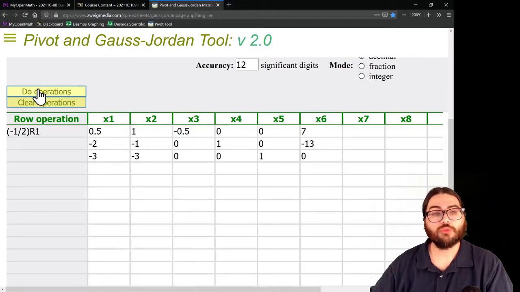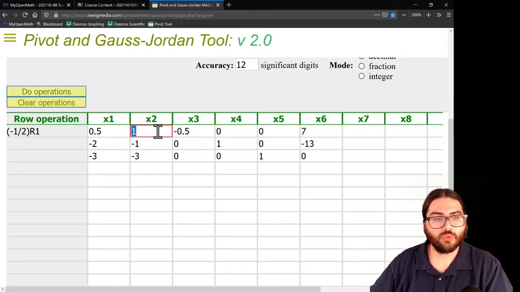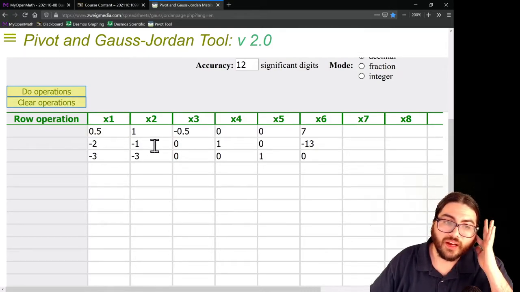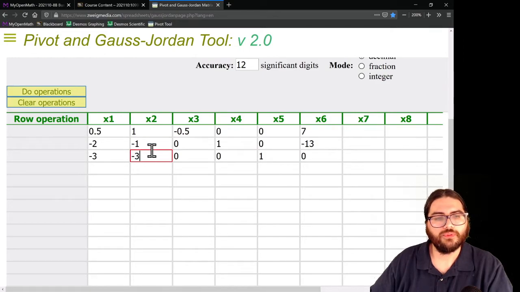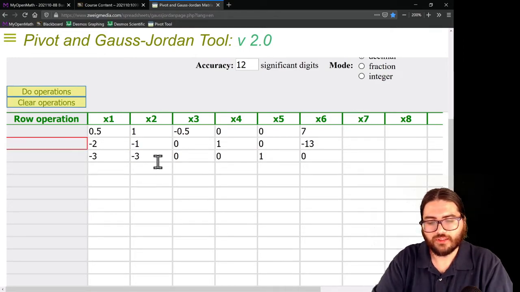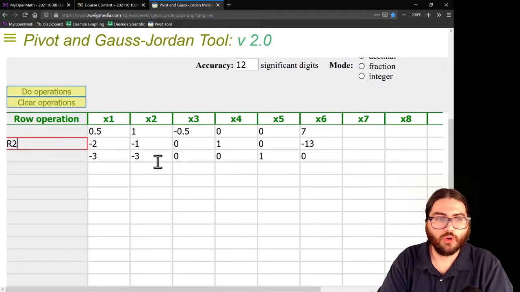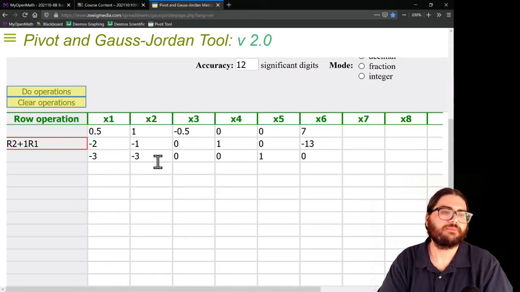So now I've got a special 1 in the position where I want. I clear my operation. I need zeros in these two positions now. So to do that, in this tool, you have to write the row you're changing first. Row 2 plus 1 times row 1.